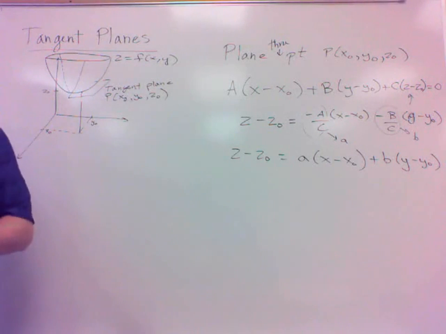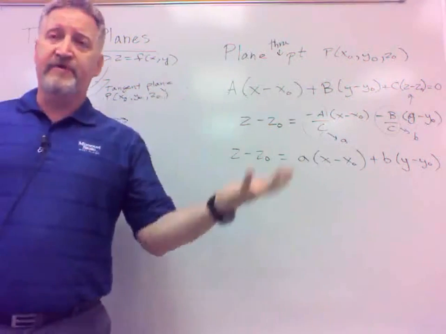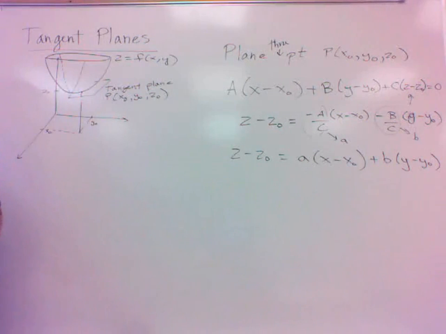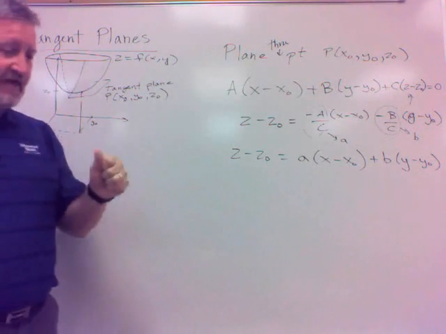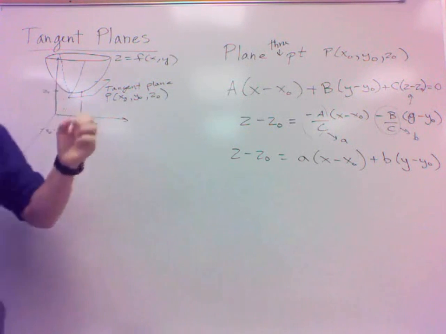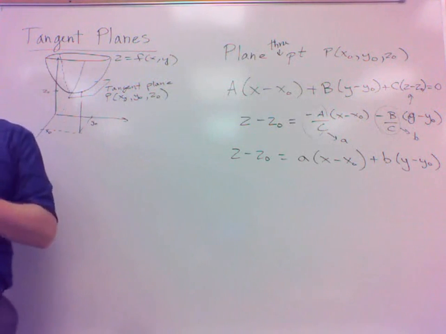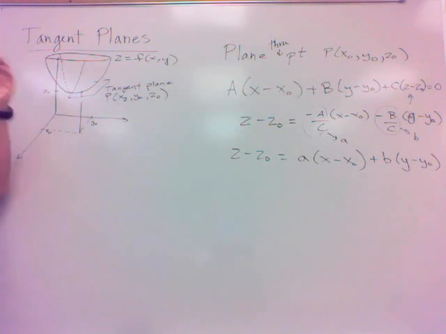Okay, now what we did back in the previous section was we talked about partial derivatives, and what we found out was that if we take our partial derivative and so forth, remember the partial derivative with respect to x gives me what here at the point?